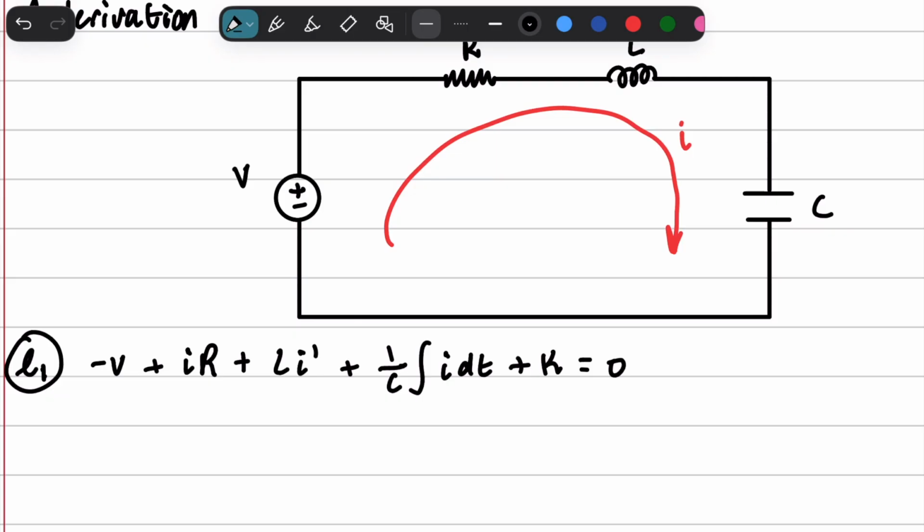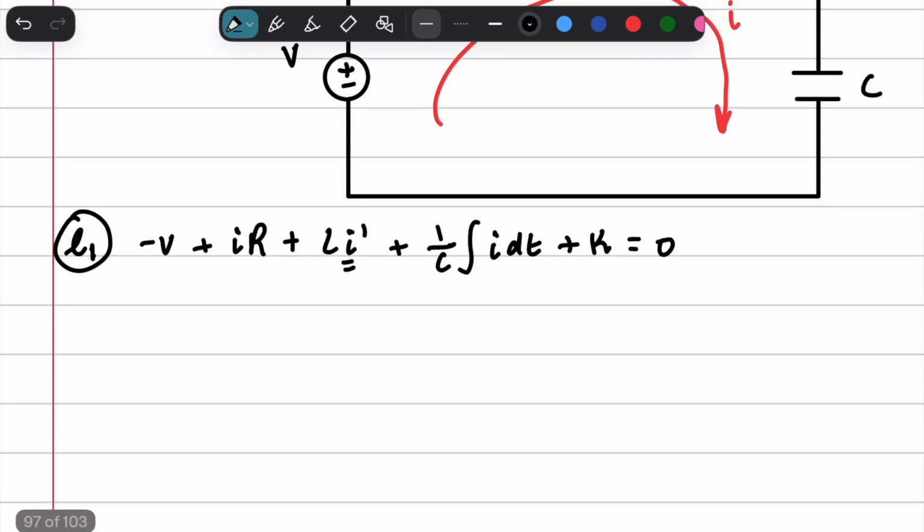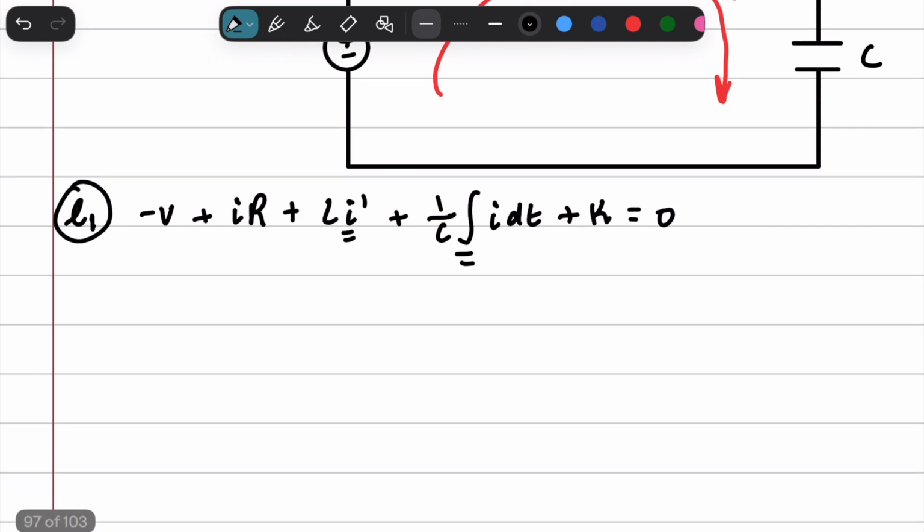Okay. Now, we want to solve for I, okay? So we're going to have to take the derivative of everything because of this pesky integral, okay? So we're just going to say I prime R plus L I double prime. Now we're working in our second order differential equation stage, plus 1 over C I equals 0.